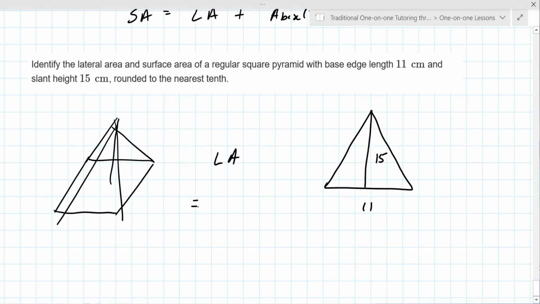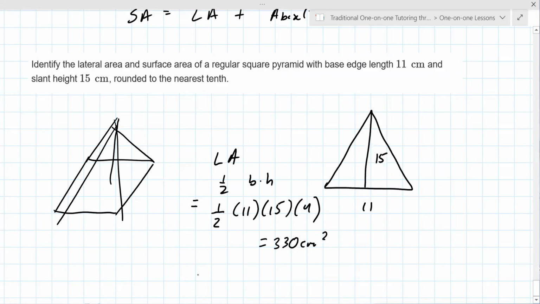So the lateral area is 1/2 base times height, but then there's 4 of them. I get 330 centimeters squared.